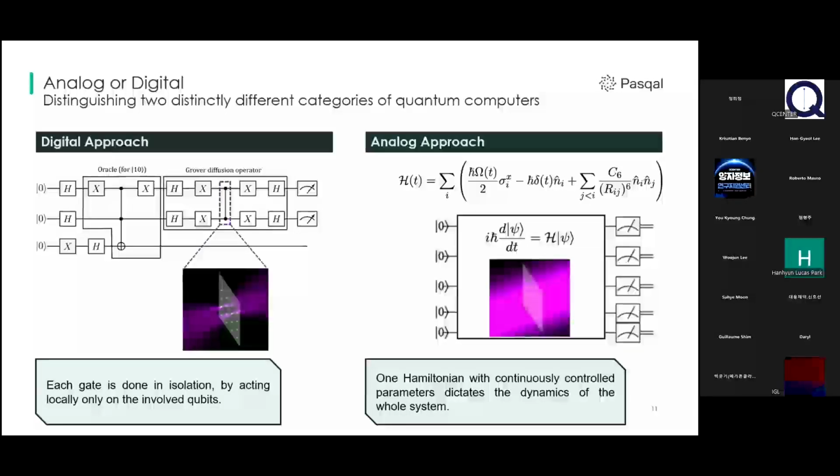On the left-hand side, you can see what we call a digital or quantum logic gate-based quantum computer paradigm. A digital or quantum logic gate-based quantum computer is focusing on local interactions and local evolutions on an individual or a 2-qubit level.